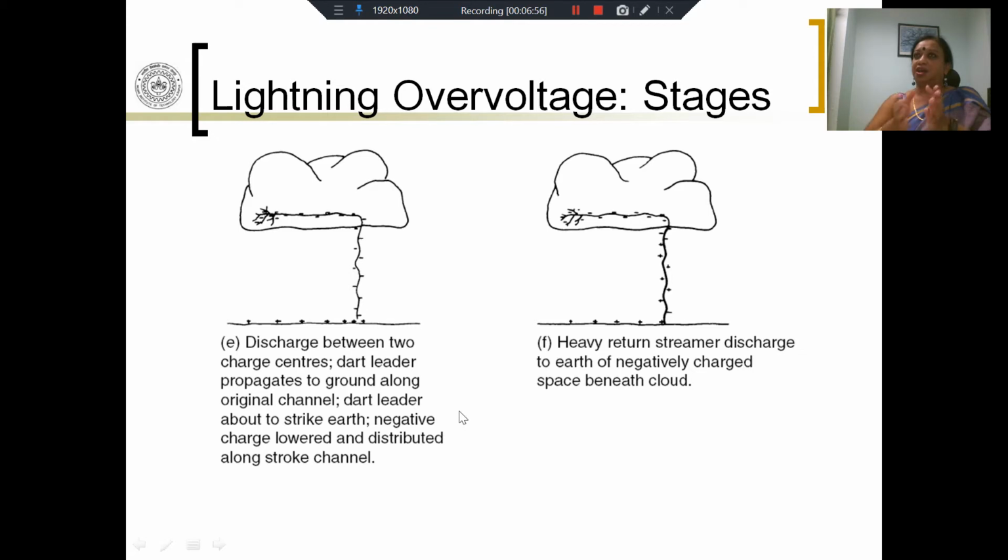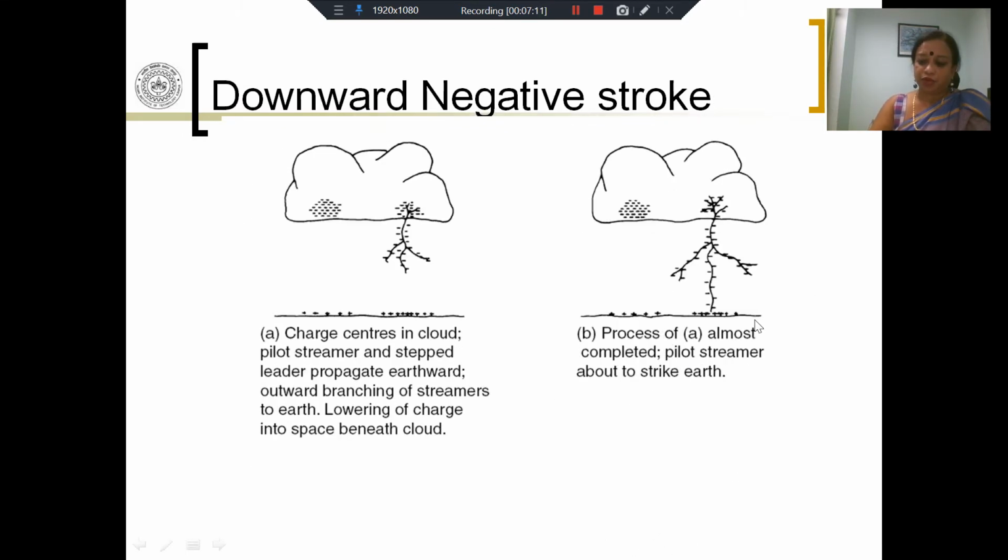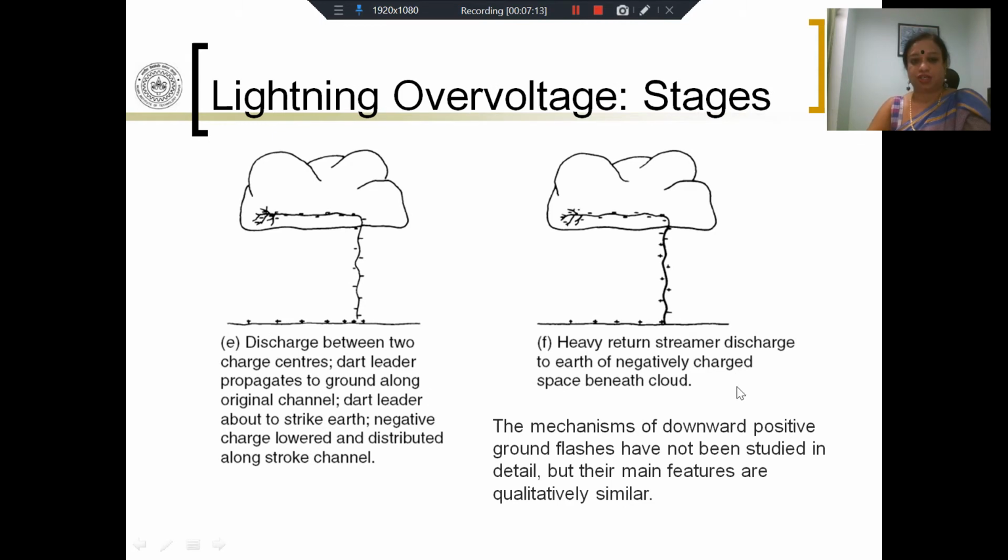Initially the step leader may be moving slowly, but after the return stroke, the second pilot streamer will move very fast, and therefore it is called a dart leader. And the most important thing to be noted is that it is the heavy return strokes.